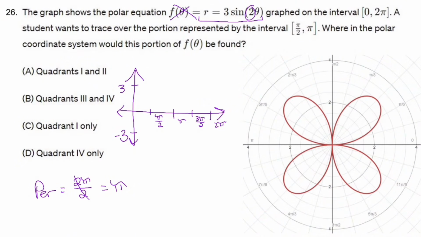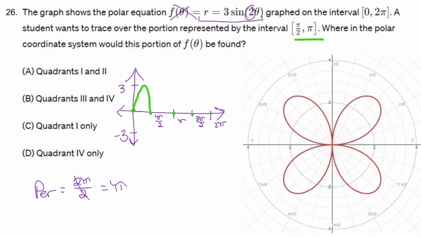Making a very rough drawing of what 3 sine 2x would look like: it's a sine, so it starts up here, peaks out, bottoms out here, and starts over again. Peaks out up here, hits the x-axis, bottoms out here, and starts over again. So one more time, it's going to go up and down.